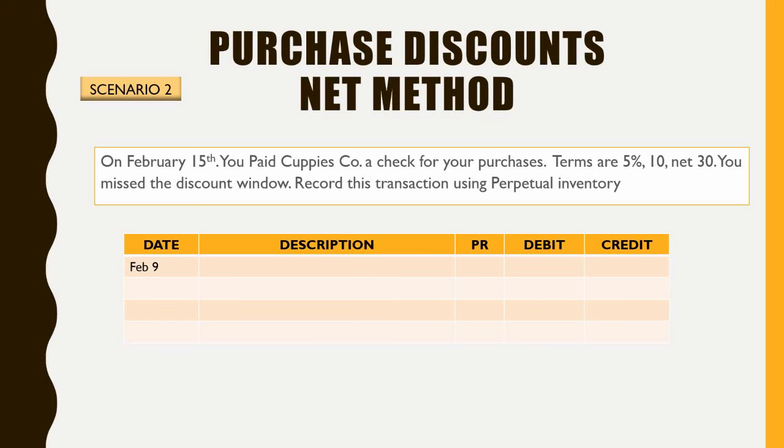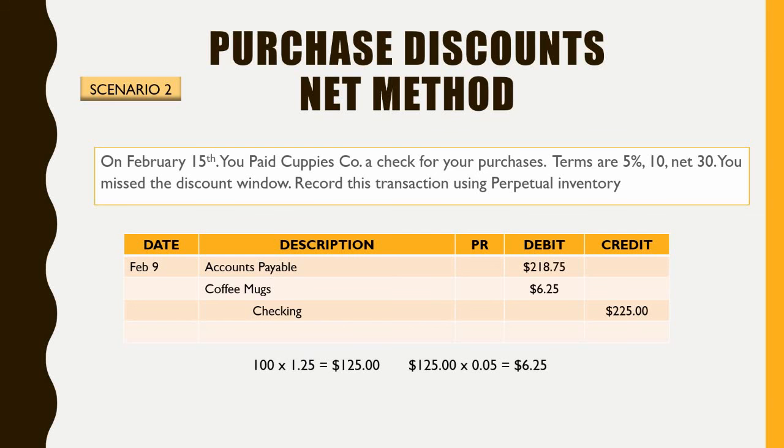If everything goes into inventory, and I forgot and missed this payment, my only place I could place it back into is right back into my inventory. Because if I took it out from my inventory in the first place, therefore, I need to place it back into inventory, which we already know was the $6.25. And here, we're going to make a full payment for the $225.